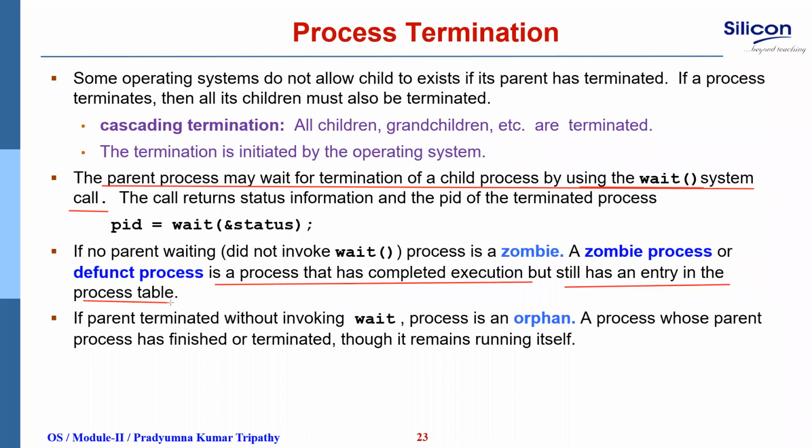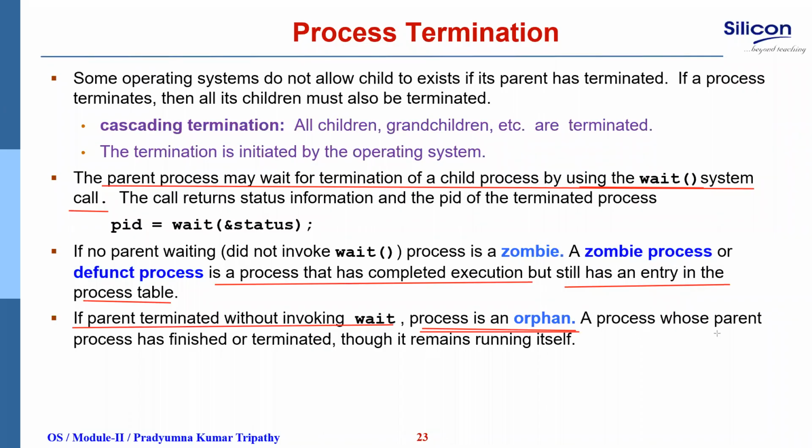Suppose the parent has terminated without using the wait system call. The parent has to use the wait system call so that the child process will execute and terminate. If the parent terminates without invoking the wait, the process is an orphan, right?